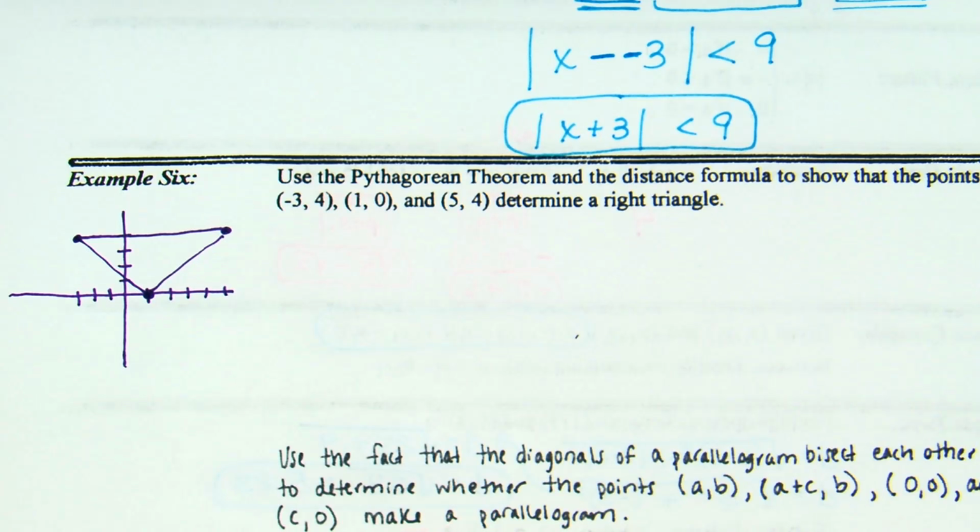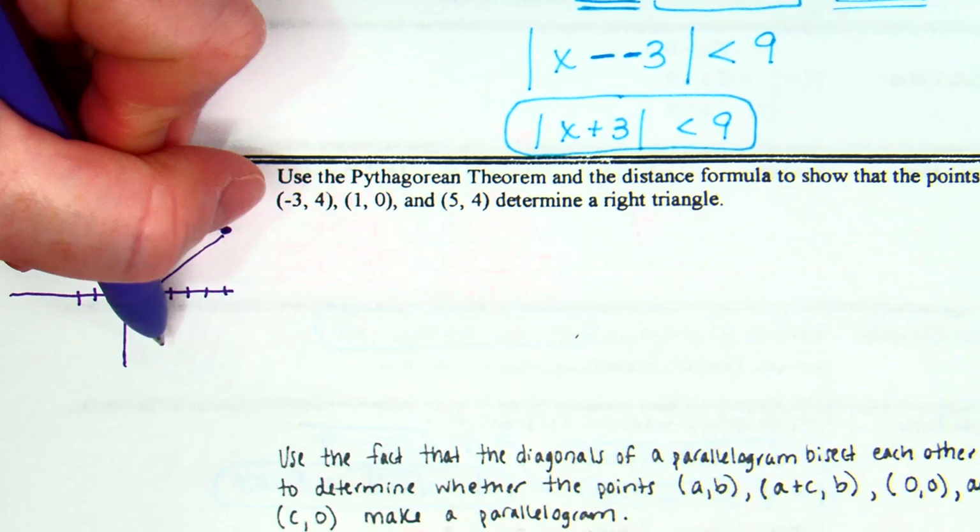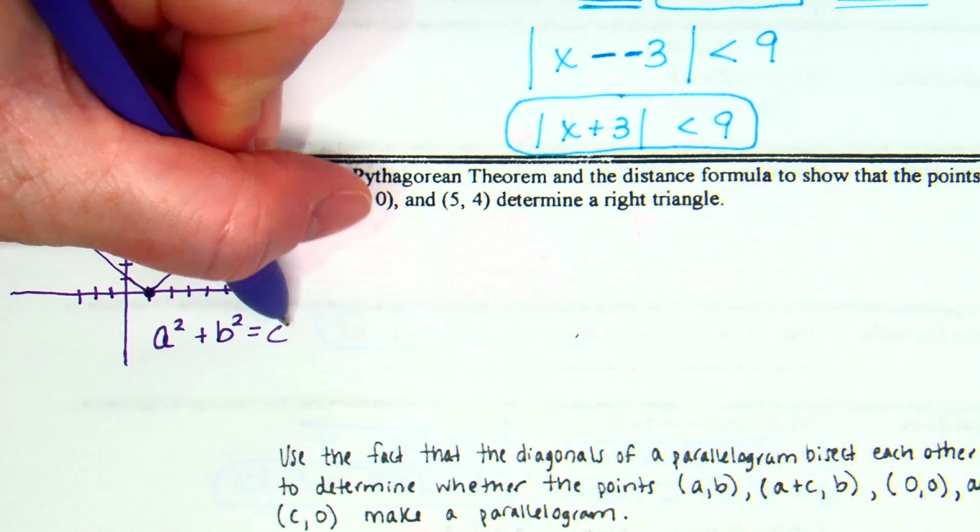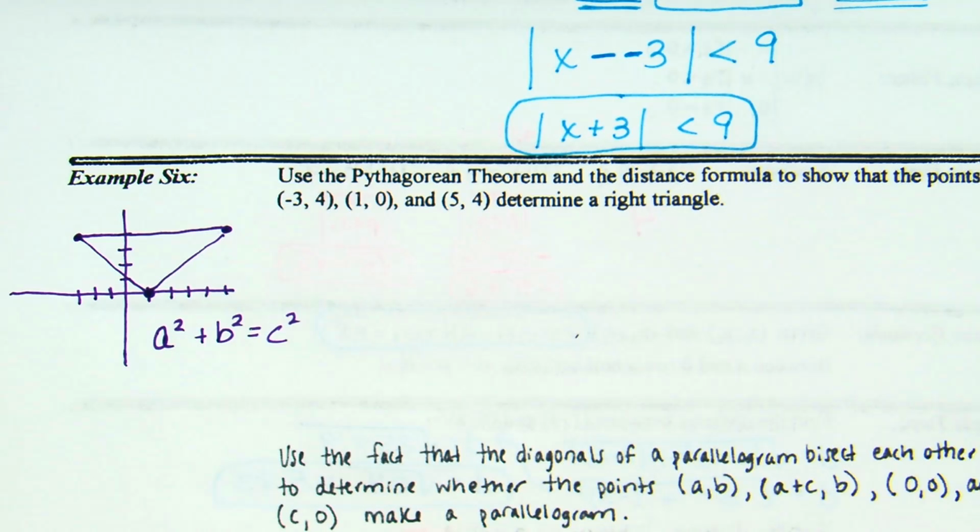What do you know about the Pythagorean theorem? Okay. Pythagorean theorem is a squared plus b squared equals c squared. So the idea of a leg squared plus a leg squared has to equal the hypotenuse squared. So how can I use the Pythagorean theorem and the distance formula to show that this is a right triangle?